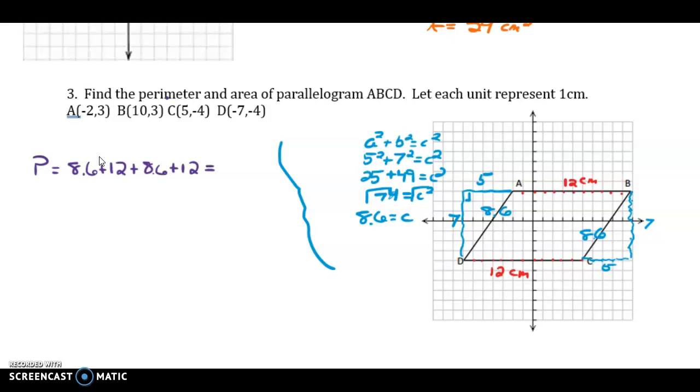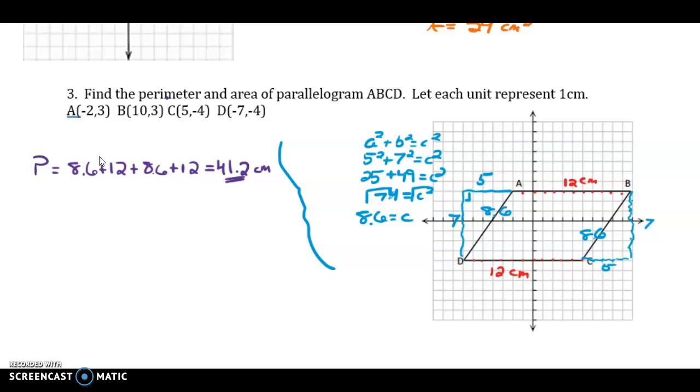So we got 8.6 plus 12 plus 8.6 plus 12 equals, and I'm getting 41.2 for the perimeter. And if you're going with units, that means you're going 41.2 centimeters around.